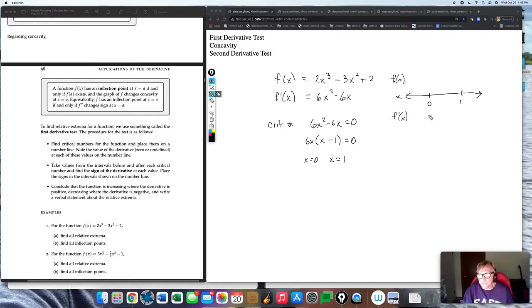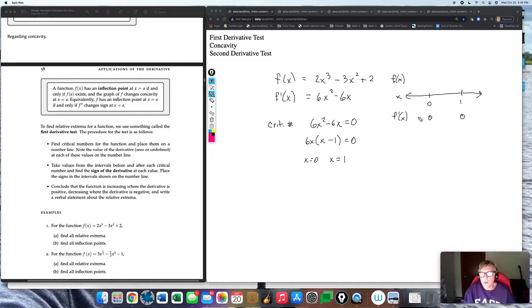Alright, so what we know here is that at this value, the derivative equals 0. Our derivative equals 0 when we plug those numbers in. Right, so we get 0 for the derivative. Alright, so all that means right now is that our function has a horizontal tangent line. We don't know what happens before and after it yet, until, this is where the test comes in.